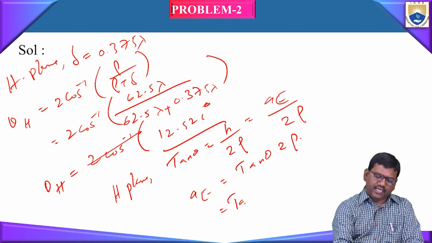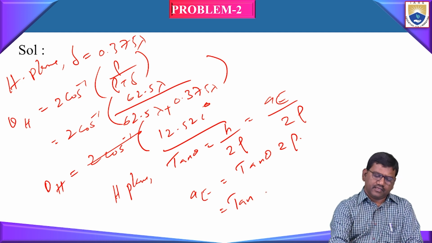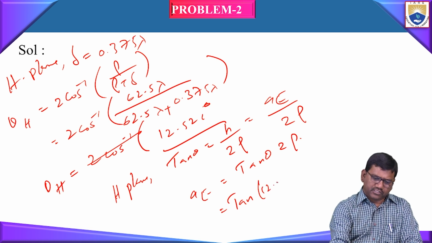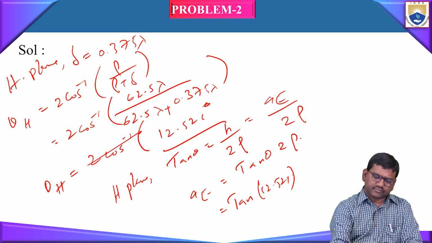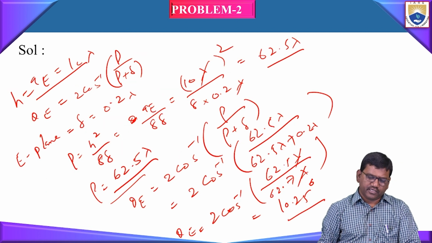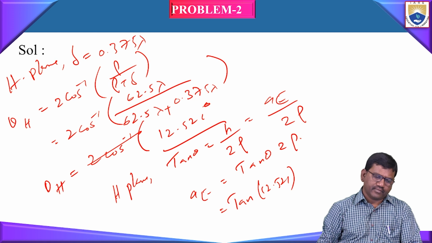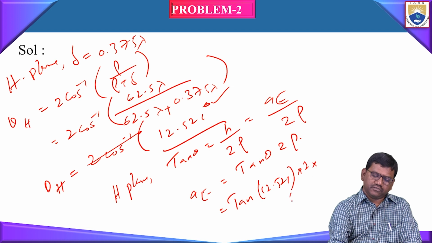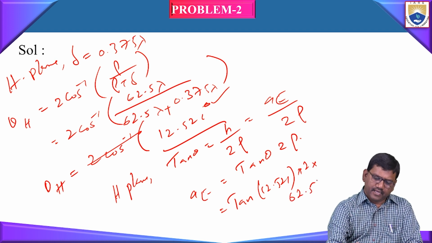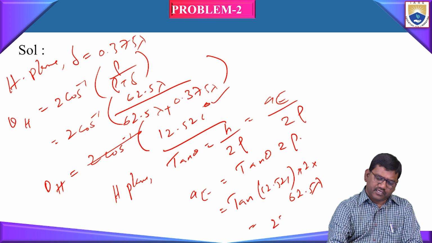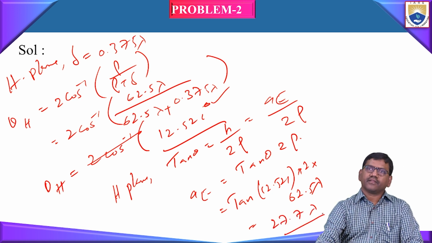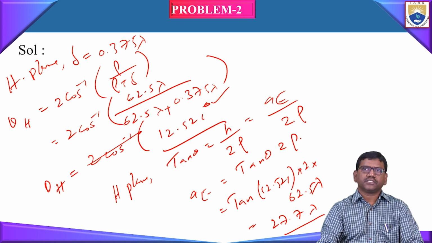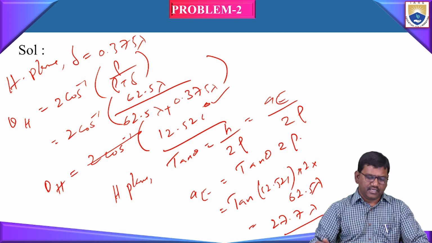Using the value we just got, 12.521 for theta H, this is tan of 12.521 into 2 into 62.5 lambda. Overall, if you simplify, you will get 27.7 lambda.